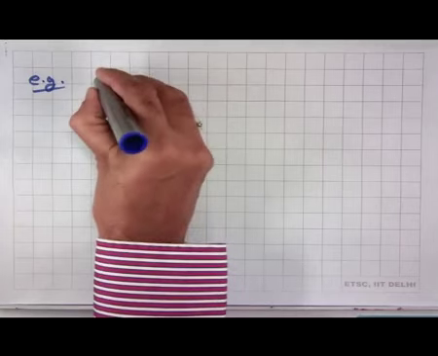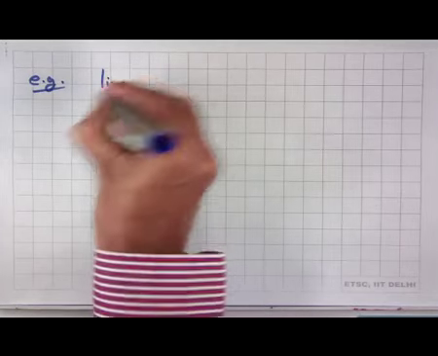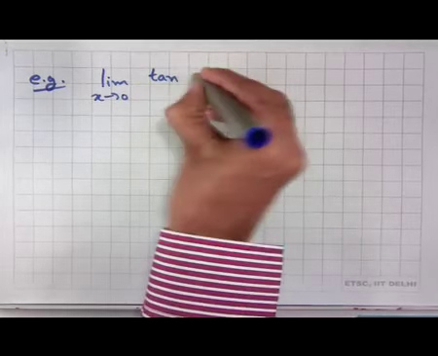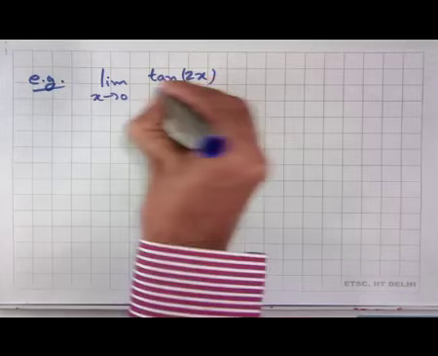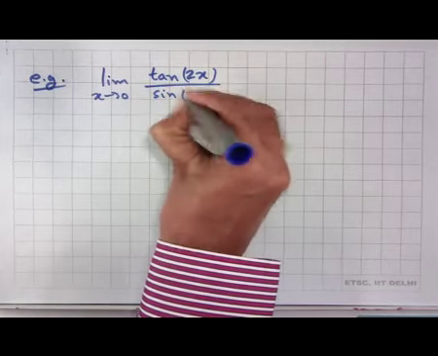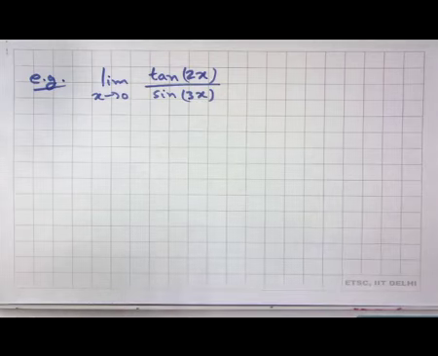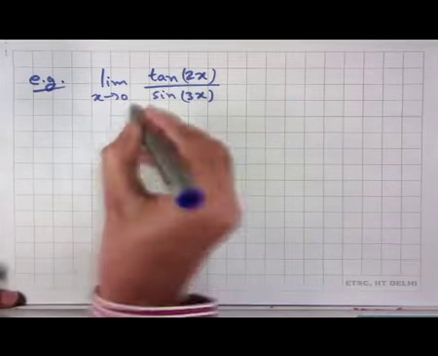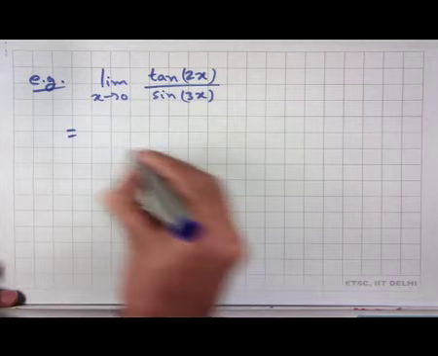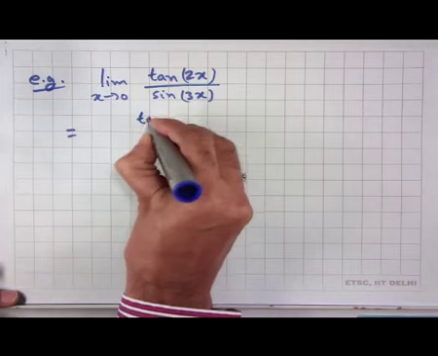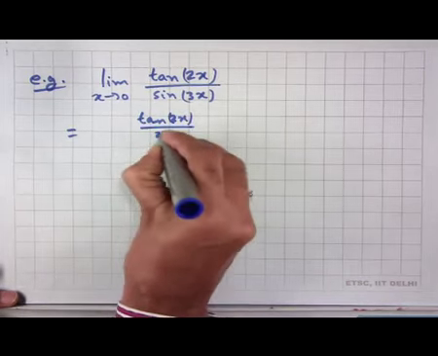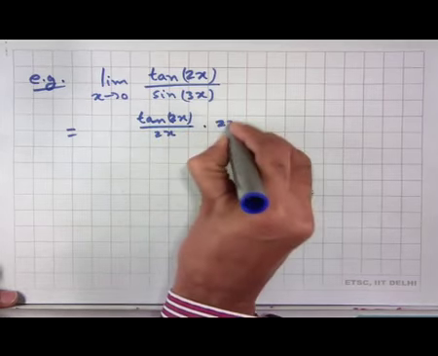So, what is the limit of tan 2x divided by sin 3x? What we can do is write tan 2x divided by 2x and then multiply it by 2x.